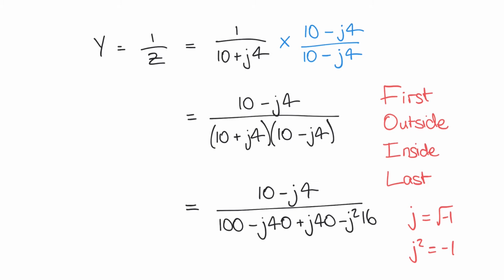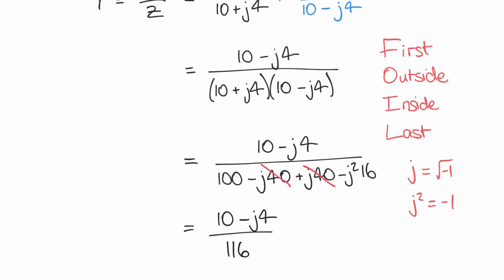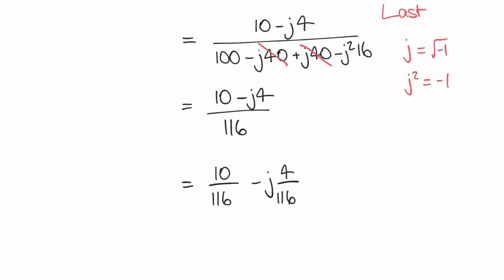The other thing to notice is the minus j40 and the plus j40, they'll cancel one another out. And so we're simply left with 100 plus 16. That's going to give us 116 as our denominator now. And we can break that into separate terms. We could say that that's equal to 10 over 116 minus j4 over 116.